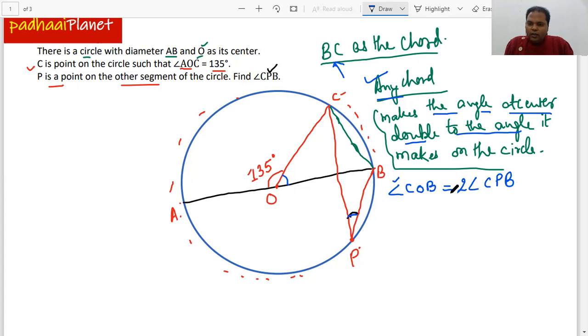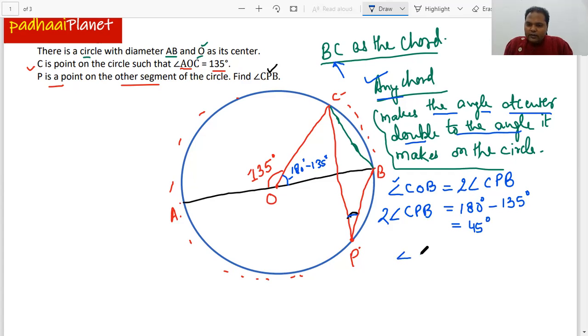right? Now let's simplify it. So I'll write angle CPB is equal to half of angle COB, and angle COB is 180 degrees minus 135 degrees, right? Because AB is the diameter and that's a straight line. So we can write simply 180 degrees minus 135 degrees, and that comes to 45 degrees.